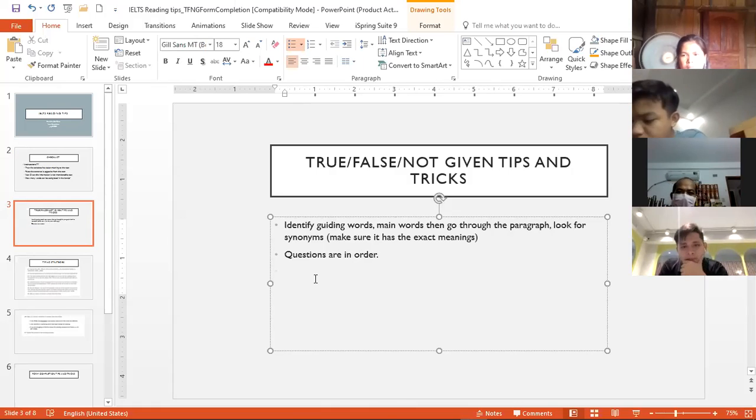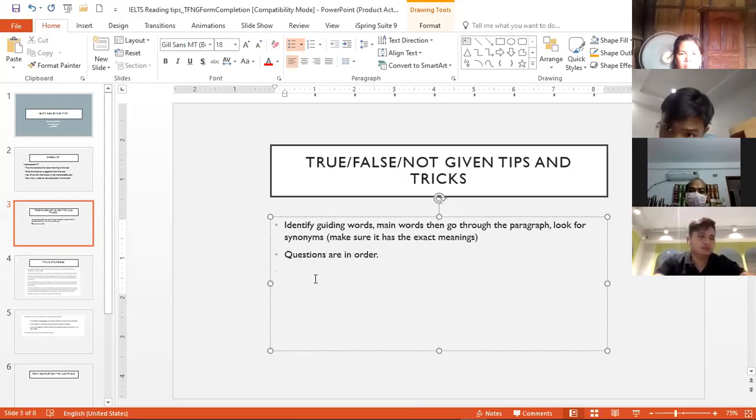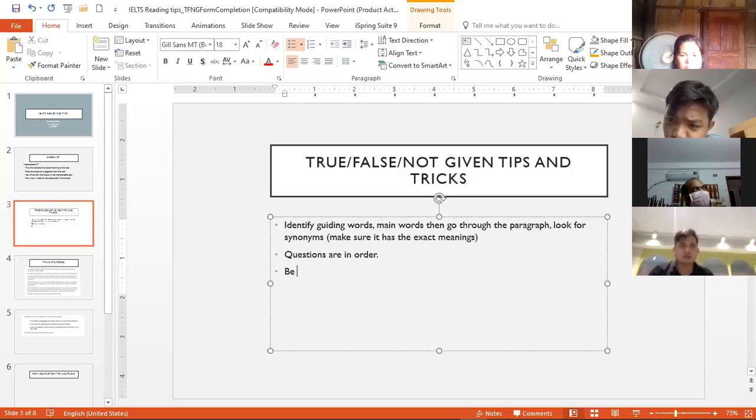All right. Should you be careful about distractors like adverbs of frequency or plural forms? Yes. Sometimes the sentence says he often does something, but in the text it says he sometimes does. Is that sentence true or false? Often and sometimes. False.